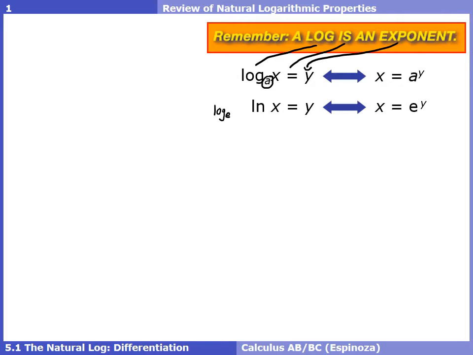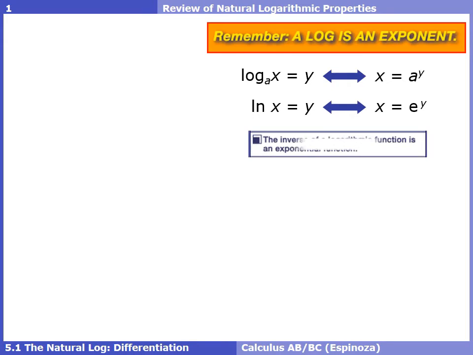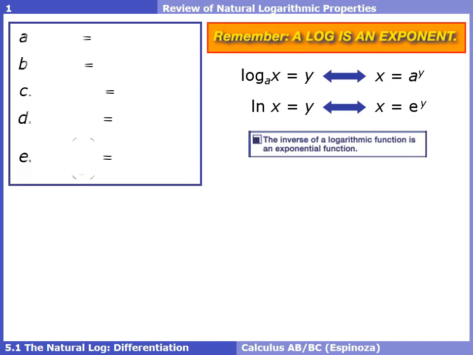And that may or may not become a handy little thing to know throughout this chapter. The main thing you have to realize is that an inverse of a logarithmic function is an exponential function. Logs and exponential functions are inverses of each other. And we're going to use that little property throughout this entire chapter.